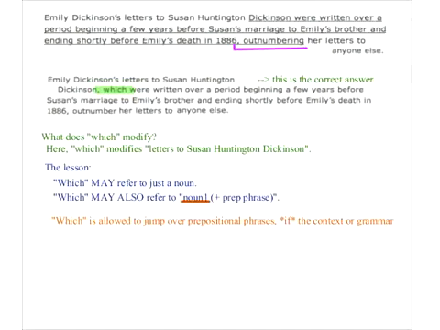Yes, to Susan Huntington Dickinson is a prepositional phrase, because to is a preposition.